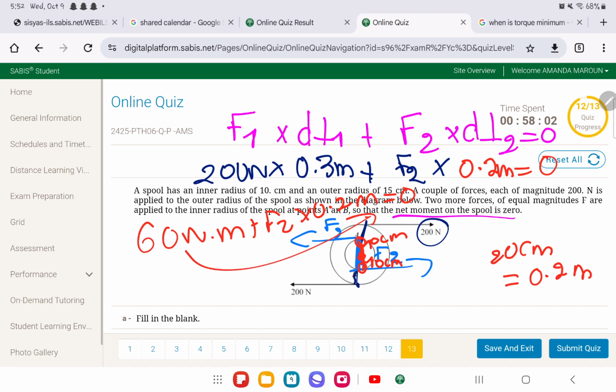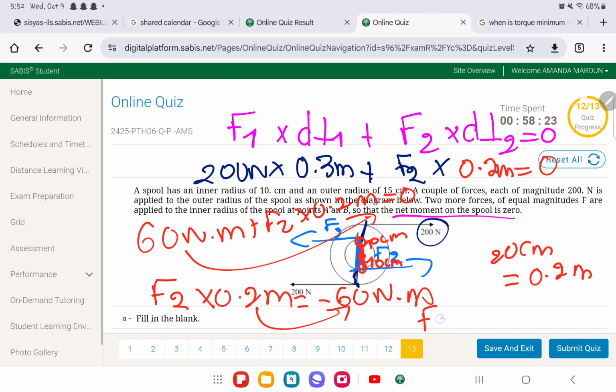Move 60 Newton meter to the other side. You're gonna get F2 times 0.2 meter is equal to negative 60 Newton meter. Then you're gonna bring 0.2 to the other side, and you're gonna divide it. You're gonna get F2 is equal to negative 60 Newton meter over 0.2, and then finally you get that F2 is negative 300 Newton.